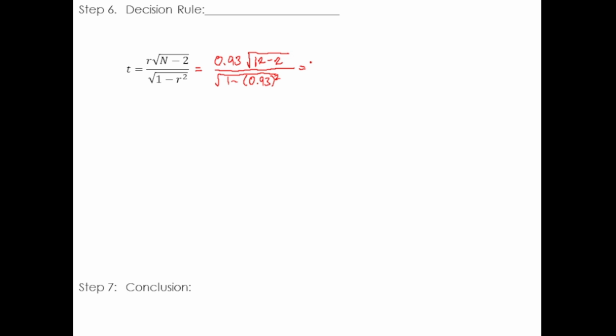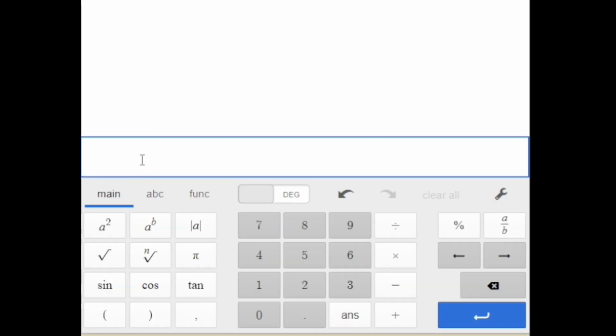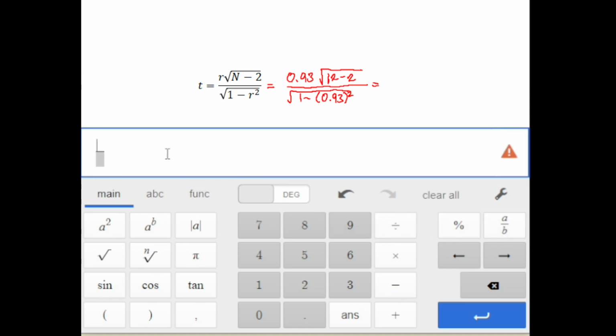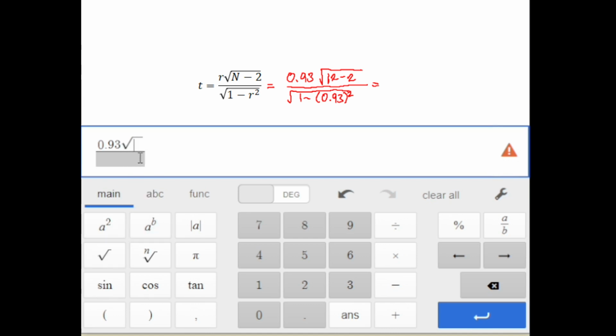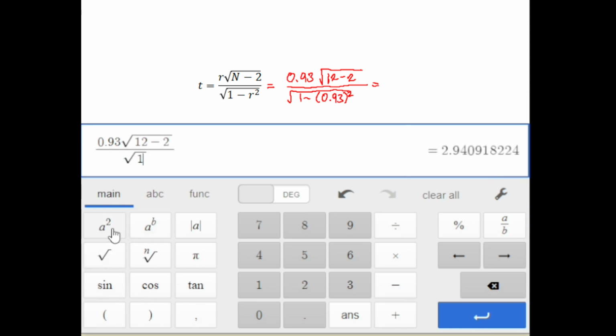Again, using our calculator, it is a fraction. So 0.93 times the square root of 12 minus 2, and in the denominator, the square root of 1 minus 0.93 squared.